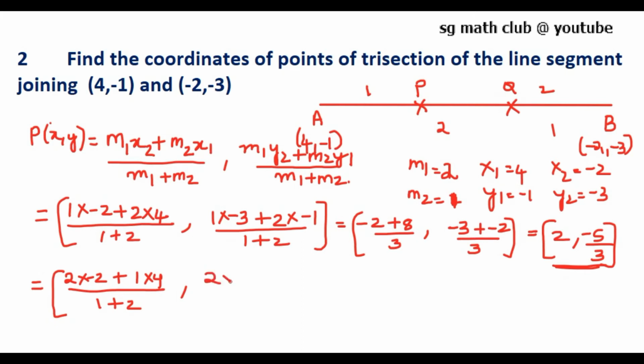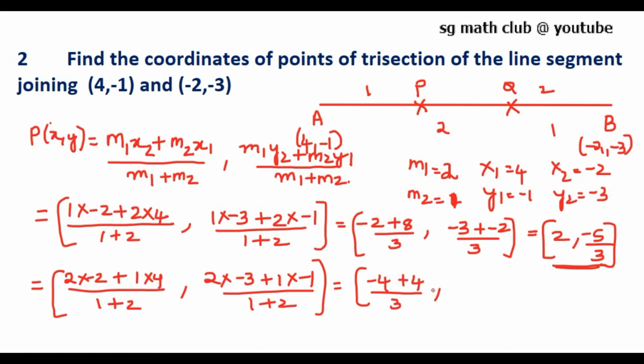Again, 2 into minus 3 plus 1 into minus 1 divided by 1 plus 2. So which is equal to (minus 4 plus 4) divided by 3 and (minus 6 plus minus 1) divided by 3. So it is equal to 0 and minus 7 divided by 3. Minus 4 plus 4 is 0.